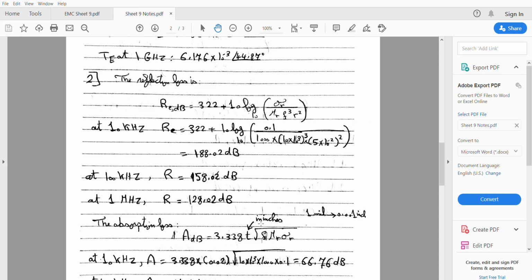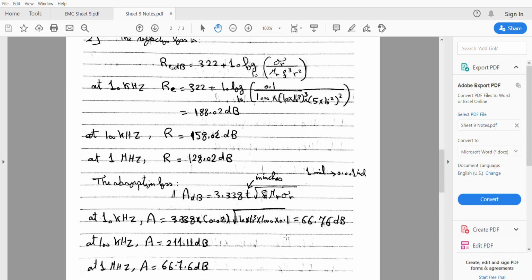So multiplying 20 mil by 0.001 inch, we can get the value of the thickness in inch.